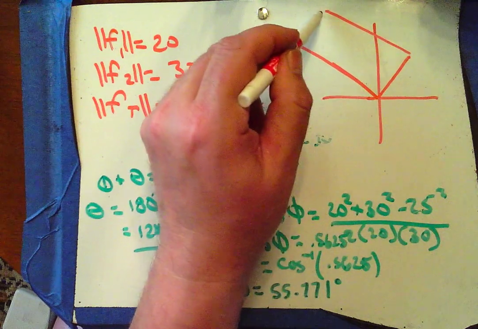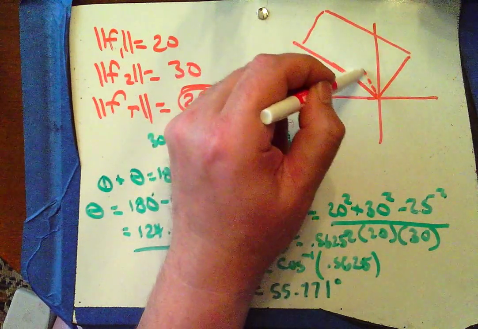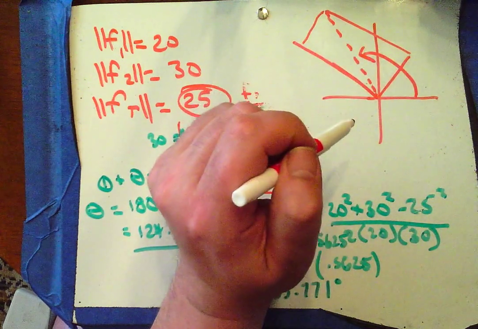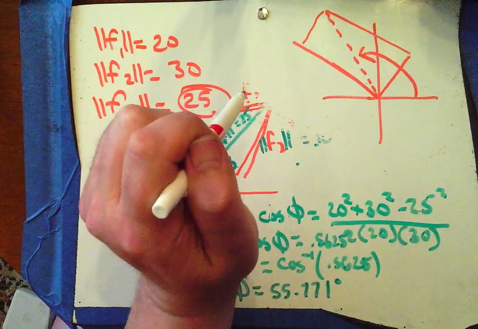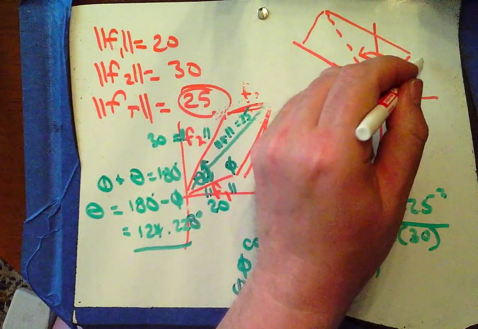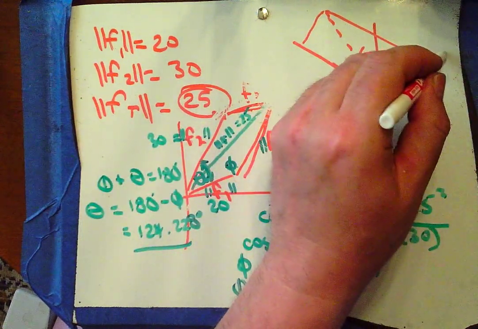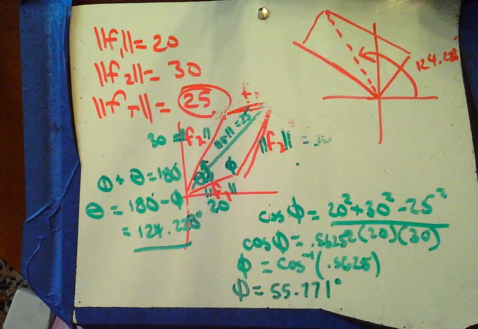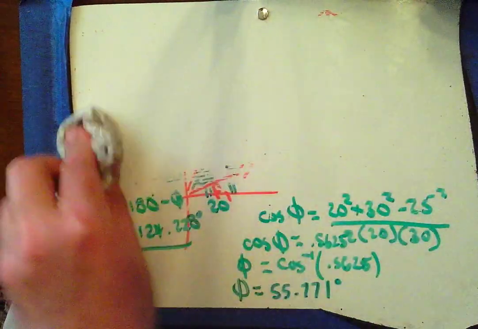And what I'm saying when I draw my parallelogram is the resultant vector's angle is 124.228 degrees. Okay, nice. So, law of cosines.